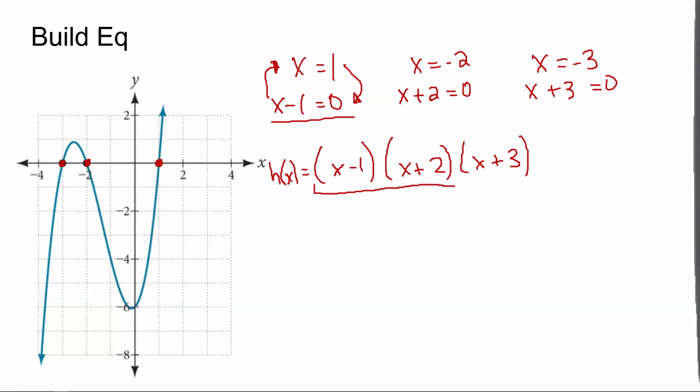So I would FOIL these two right here. You'll have first times the first would be x squared. Outer would be a 2x, minus 1x for the inner would be a plus x. And then -1 times +2 would be -2. So there's the foiling of those first two. Haven't touched this thing on the back yet, so I need to put it in there, and we're going to take each of these three terms and multiply it by each of these two terms.